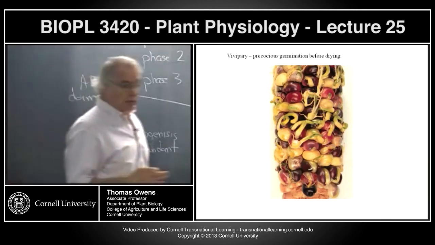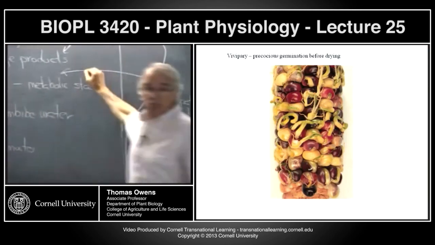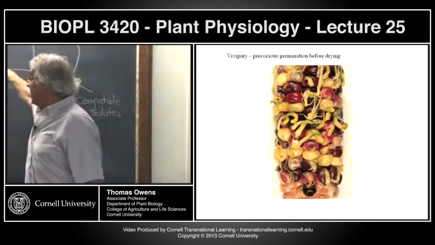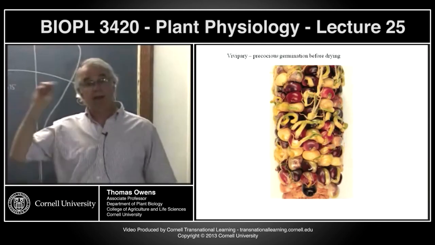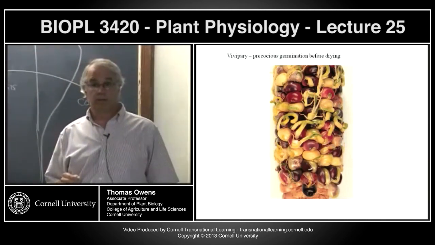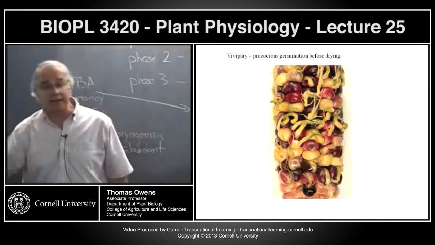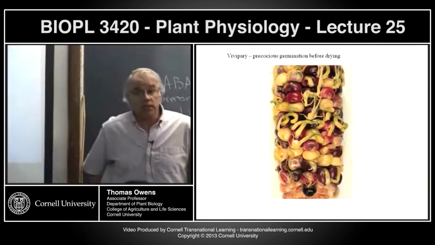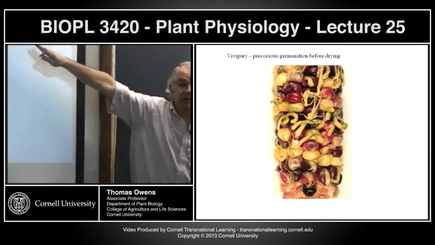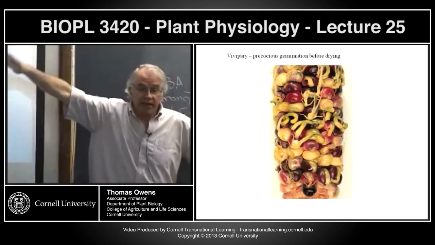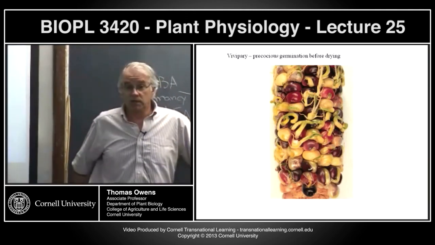So one important thing that the book emphasizes, and a couple of you asked questions about this: the ABA that is controlling the formation of products and the formation of the compatible solutes, the late embryogenesis proteins, is produced in the embryo. It's being controlled within the embryo. The ABA that is inducing and maintaining dormancy is, at least initially, produced by maternal tissues. So the mutations that affect vivipary are mutations that affect ABA production in maternal tissues, not in the embryo itself.